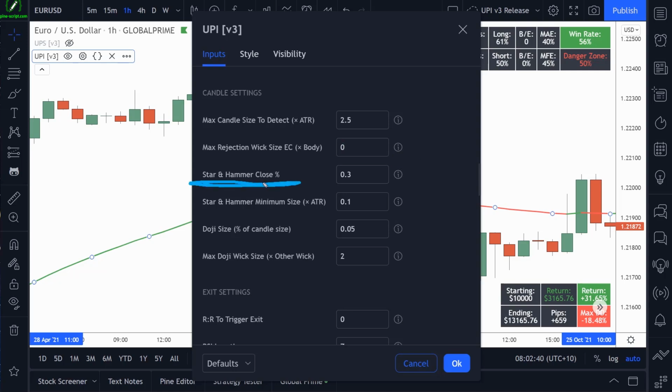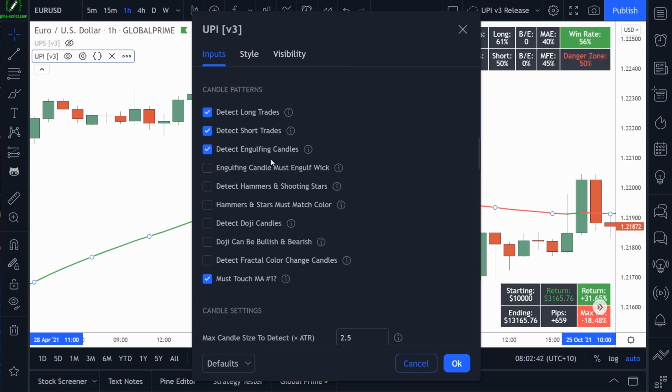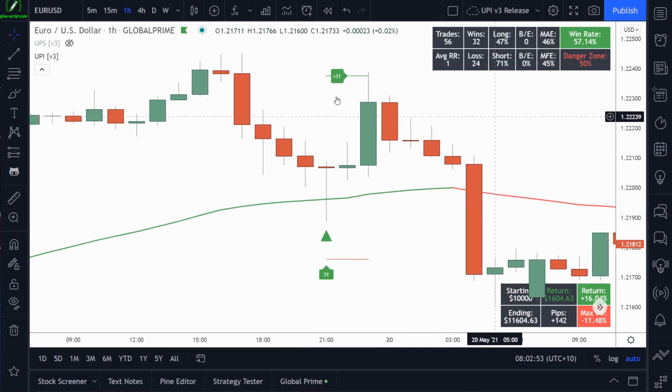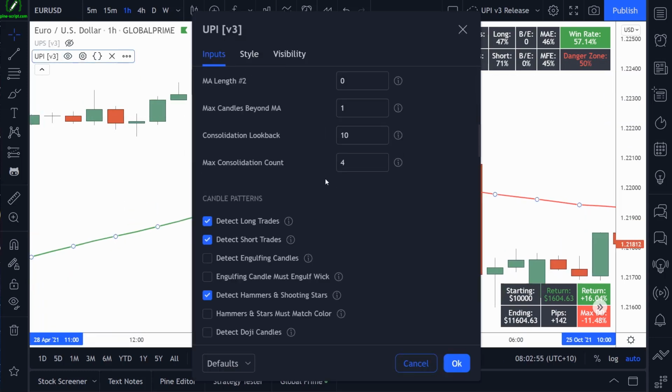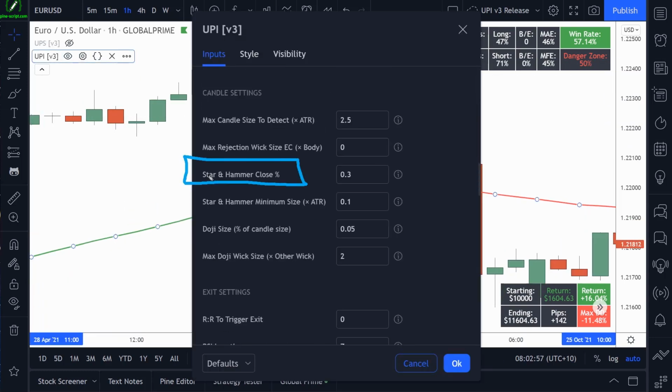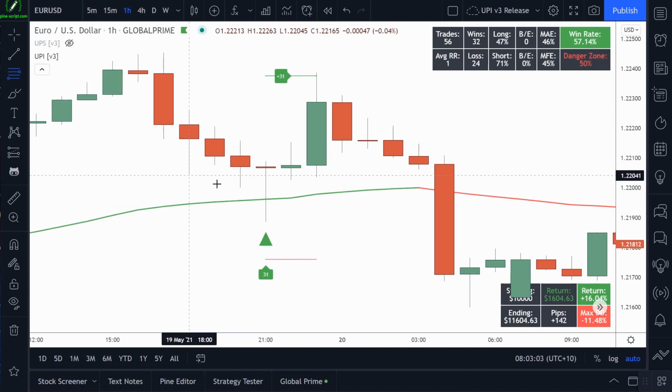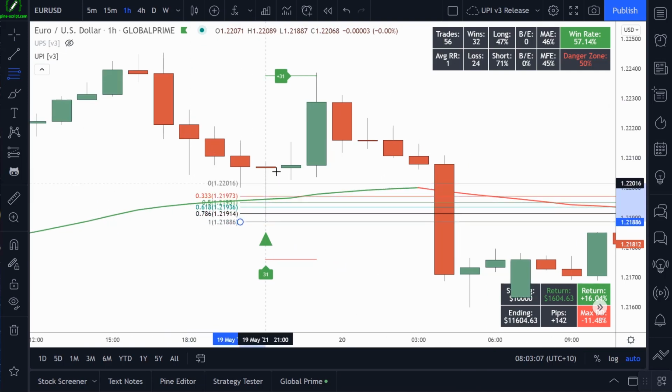Next, we have our star and hammer close. If I turn on hammers and stars, I'll show you what that means. So here's a hammer candle right here. The hammer and star close percentage is where the body must open and close in relation to the candle size. So if I bring out my Fibonacci tool, this is the best way to visualize this, and I drag from the low of this bar to the high.